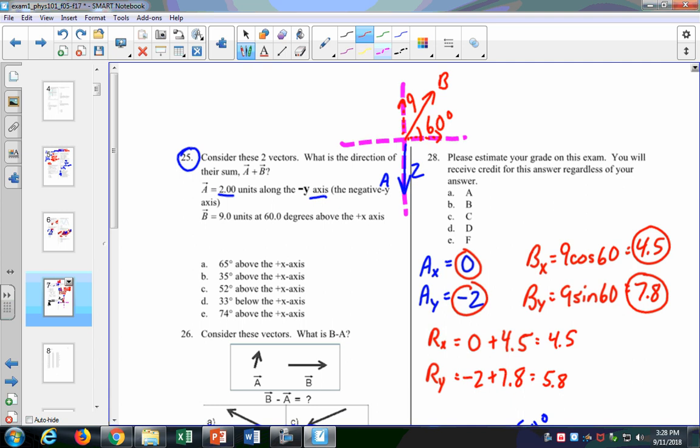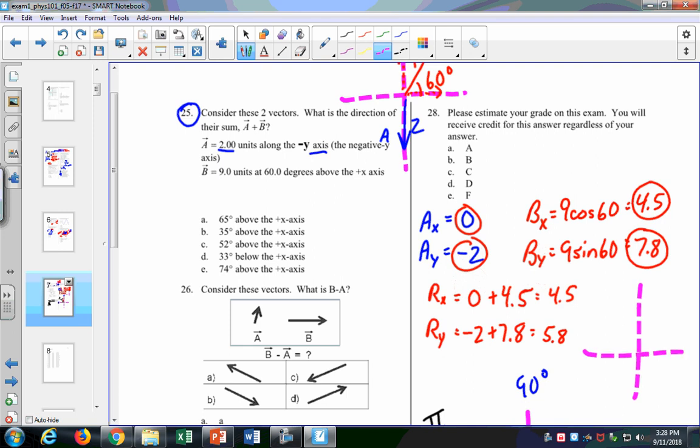Those give me the components of the new vector. And so that new vector will have a component 4.5 units, 5.8 units, and then I'm looking for the magnitude and the direction of that resultant vector. Do I need to do that? Are we okay with that?